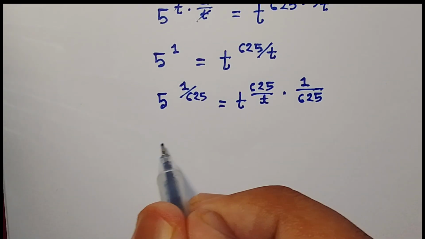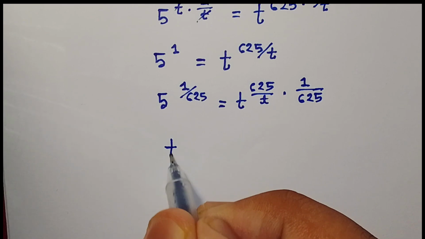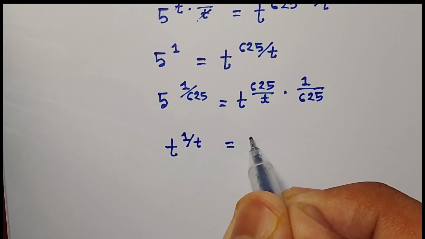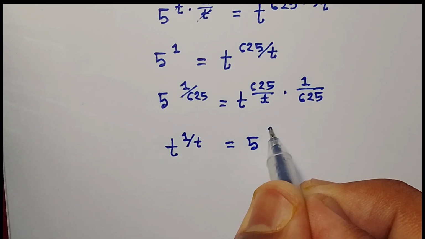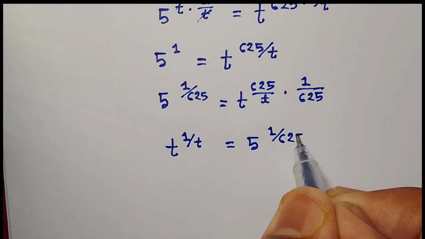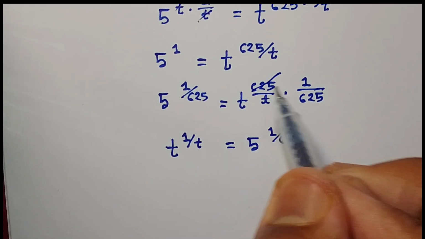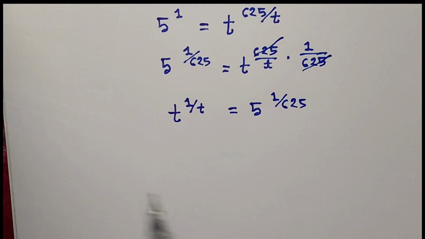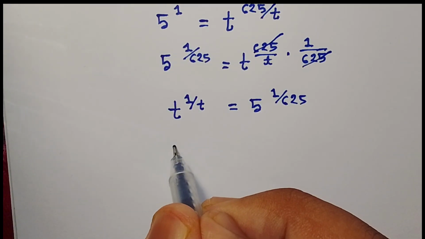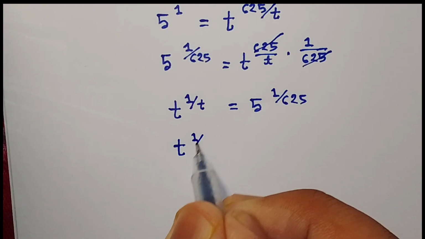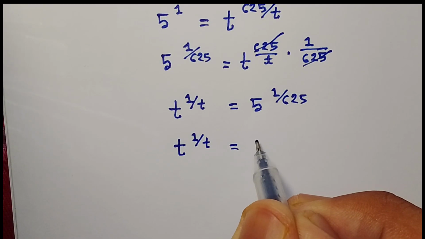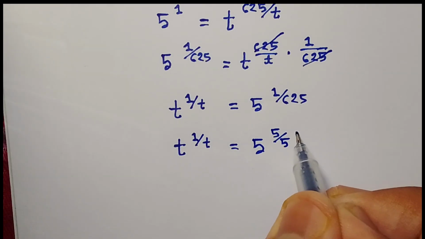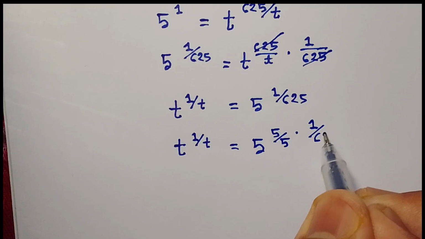Now we can write t to the power 1/t equals 5 to the power 1/625, because here this 625 and this 625 will be cancelled out. Now we can write t to the power 1/t equals 5 to the power 5/5 times 1/625.